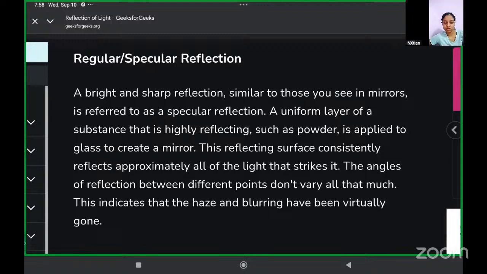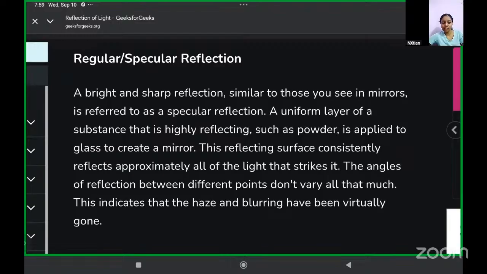Ma'am, yes, Abraham. I have a question, ma'am, about regular reflection and irregular reflection. The irregular reflection can be caused in various different ways.